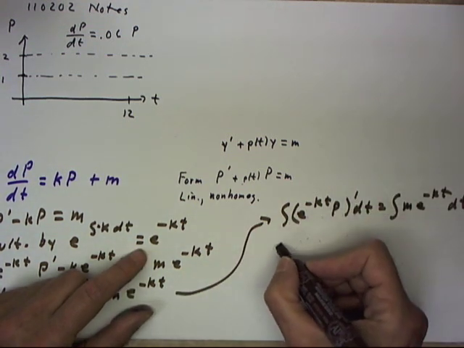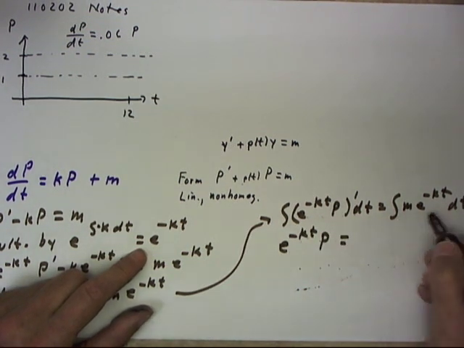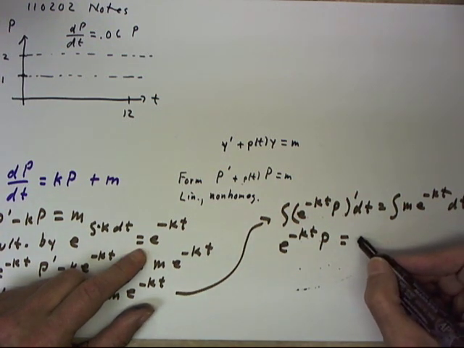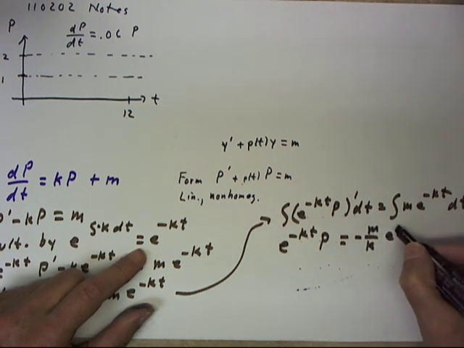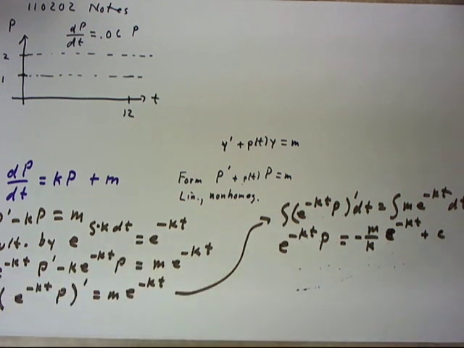The integral of our derivative is e^(-kt) P, and the integral over here, which you can check out, is just negative M over k e^(-kt). And we can add an integration constant over here, something we didn't do in previous examples.